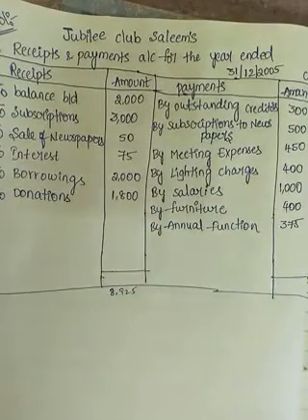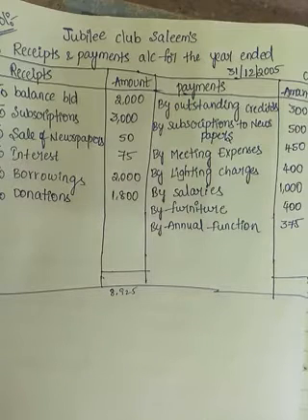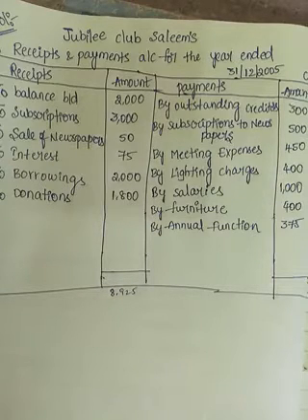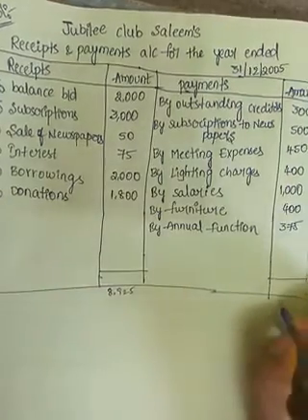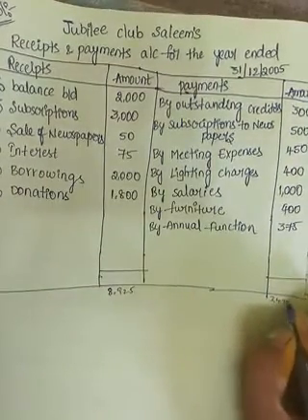Now the total of the payment side: 300 plus 500 plus 450 plus 400 plus 1000 plus 400 plus 375, our payment side total is 3425.